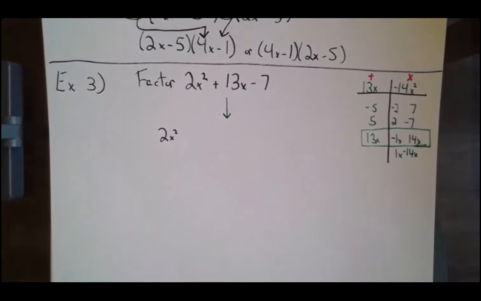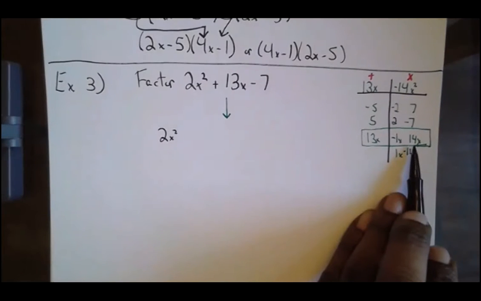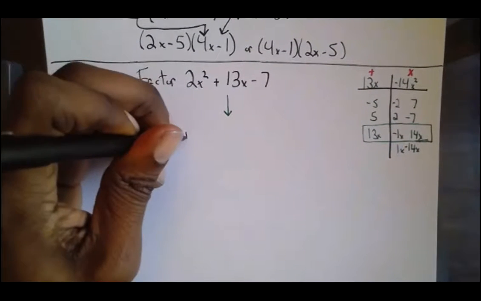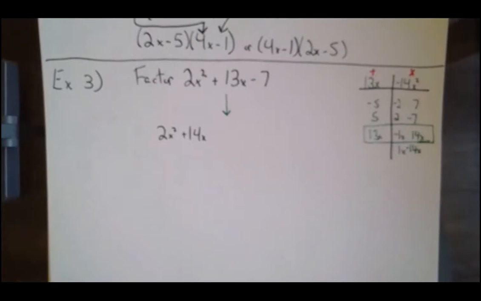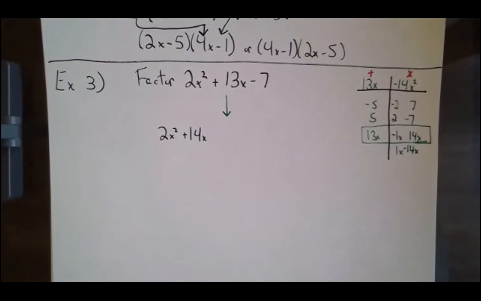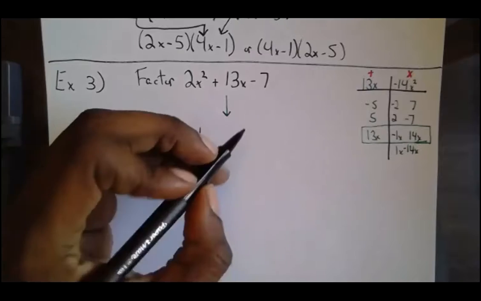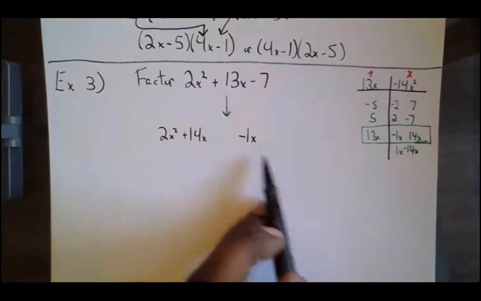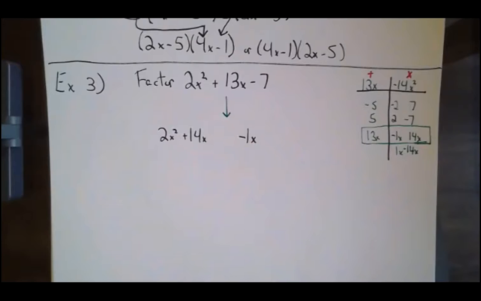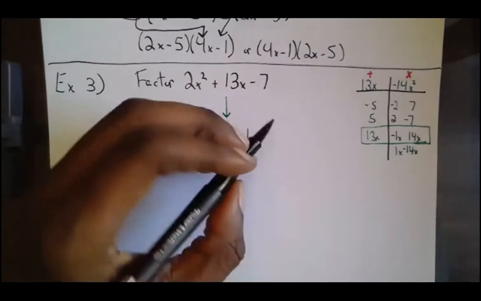The 14. And it's positive. Yes. And then what do I write? Minus 1x. And I would just scoot it over, everybody, so that you can write your parentheses. And then? Minus 7.